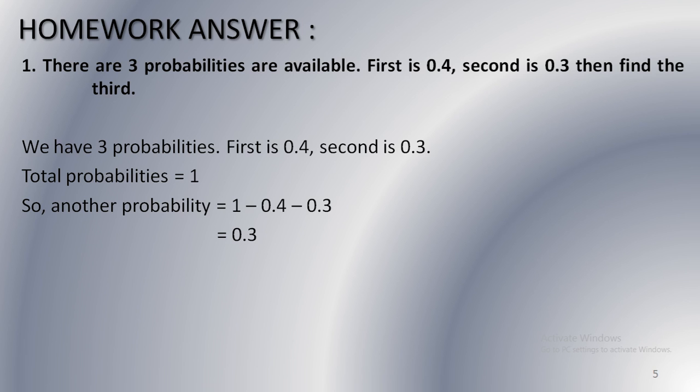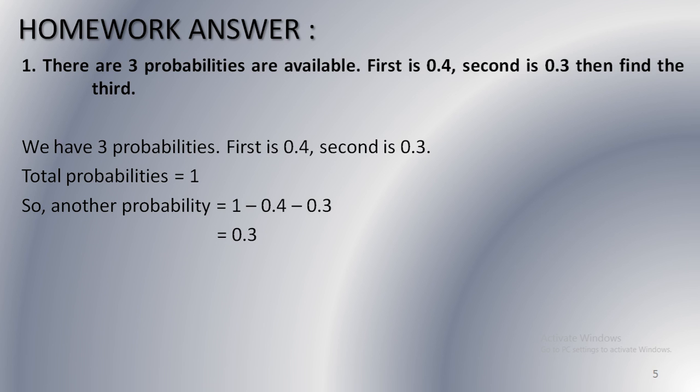It's the homework answer. There are three probabilities available. First is 0.4, second is 0.3, then find the third. Now we already know the total of these three probabilities equals 1. So first is 0.4, second is 0.3, which are given, right? Now we should find the third one.